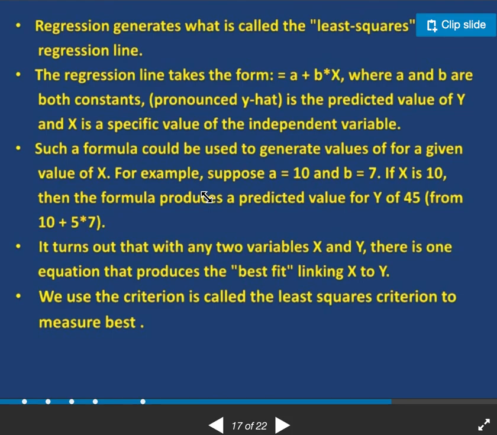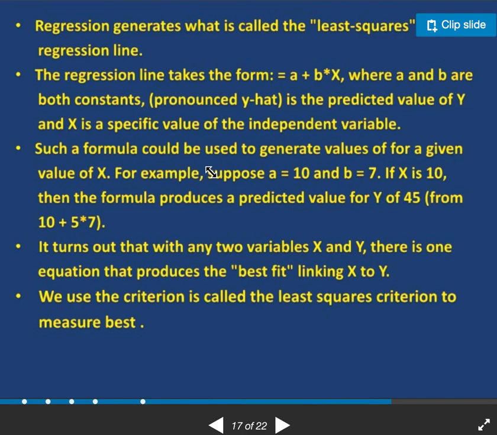Oh, I'm missing something. Okay, so they're assuming that the beta coefficient is 5. So if x is 10, the predicted value for y is going to be 45. We'll go over a more specific example during the Excel tutorial.